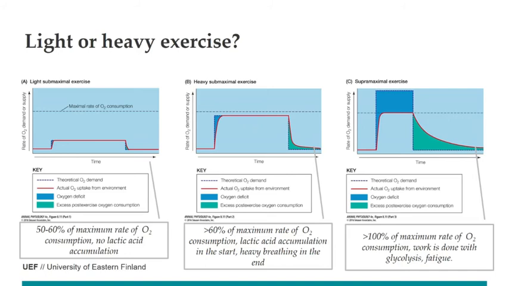But it also means that you have to do it for a short period, because otherwise there will be fatigue. So you can only run a short period with this glycolysis. And then, as you can see, this heavy breathing phase, this green one, is very large and very long lasting.